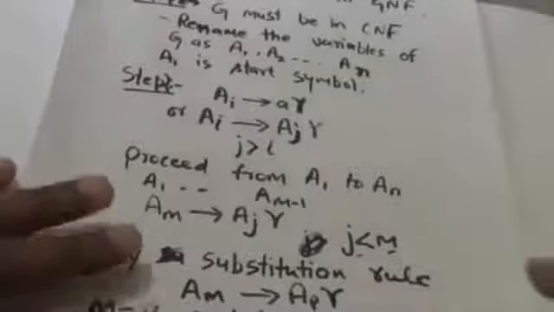Then what will we do? We will apply the substitution rule. After applying substitution rules, we will keep on applying this rule until we get a production of the form Am derives Ap gamma, where p is greater than or equal to m.